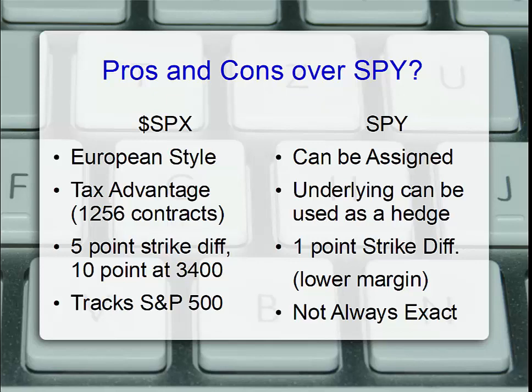So whether it's a 10-point spread, say a bear call, I sell the 3,400 and buy the 3,410, and I've decided to allocate $4,000. Well, that means I'd be doing 4 contracts. That's all I could afford to do with a 10-point spread. But the return and the credit I receive would be similar to doing 40 contracts on a 1-point spread on SPY.